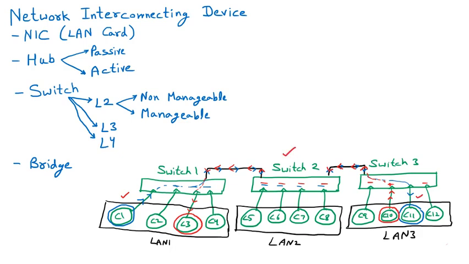We are sending from C10 to C3. Again switch 2 coming into the picture. There will be too much load on the intermediator. Intermediator means switch 2, because the switch 2 is coming in between. Every time somebody wants to communicate, the switch 2 will be coming in between, and that will increase unnecessary load. So there is an unnecessary load on the switch 2.